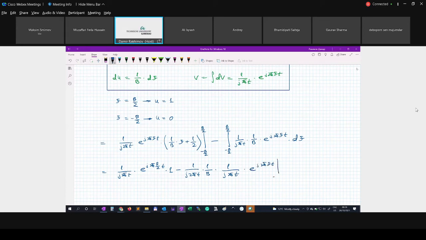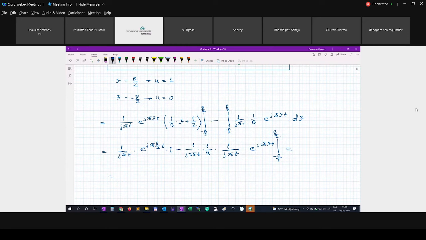Then we have to substitute lower limit minus b over 2 and upper limit b over 2. Okay, and we get that we have 1 over j pi t times exponential function j 2 pi t over 2 t.